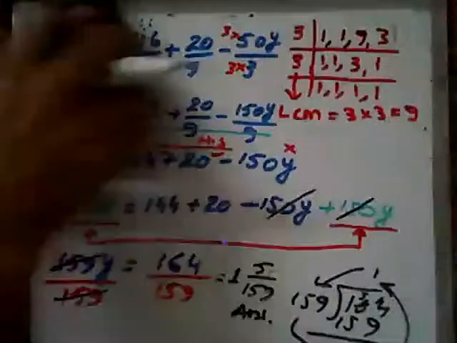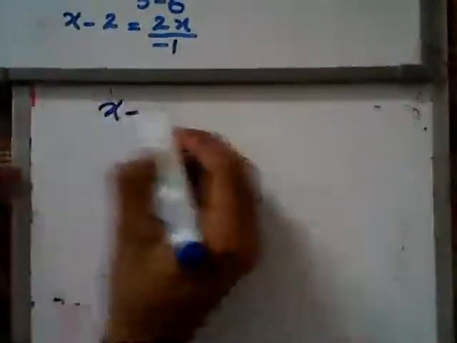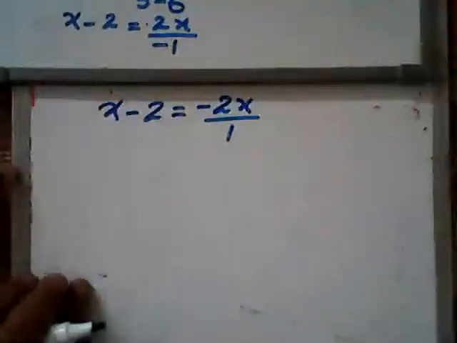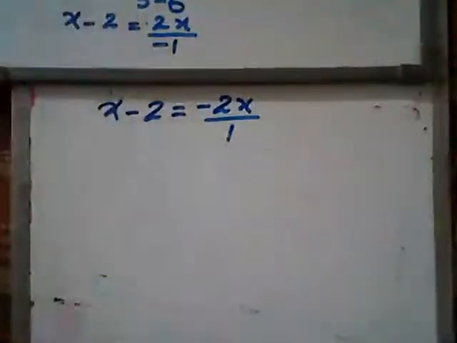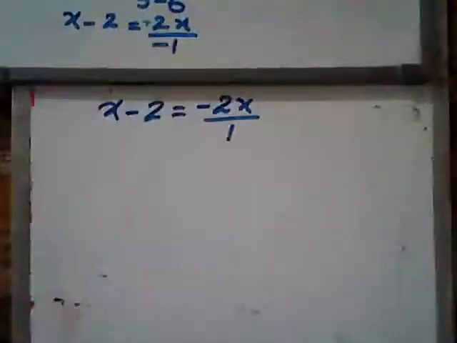Now let's see how we'll write it. Let me erase this. This is the equation: x minus 2 is equal to 2x over minus 1. If there is no sign here, it means this was a plus sign, so we may not write it.